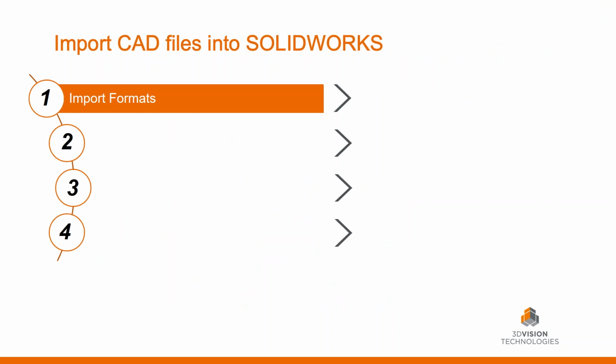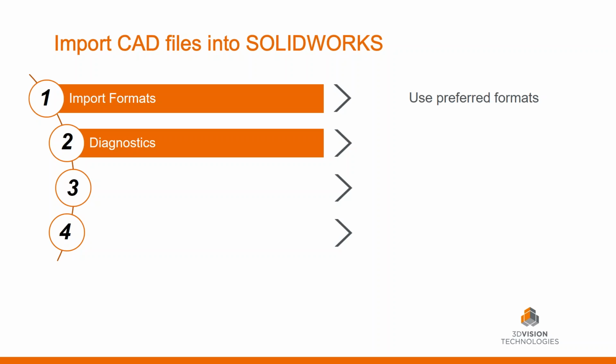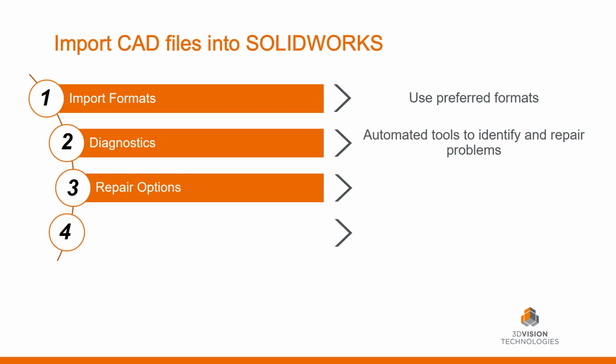Let's wrap up here. What we talked about was import formats. We want to make sure we use the preferred formats, start out with native files, and then move into some of the neutral file formats. So remember, we talked about importing with the currently available tools first. That we can use diagnostics to automatically find and repair problems, and if that doesn't work, we've got some repair options that we can try and get high quality 3D geometry with.